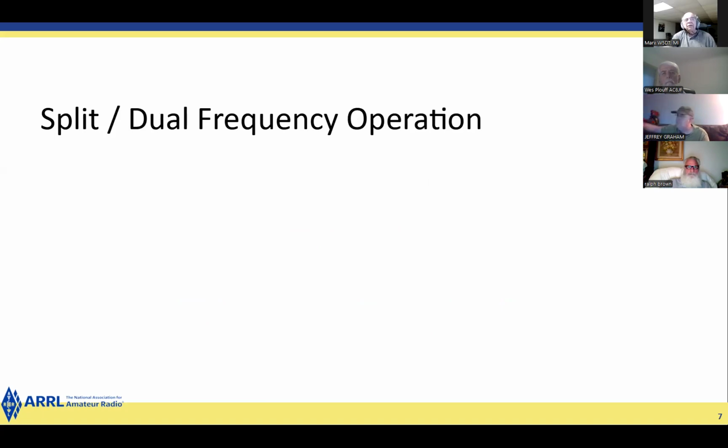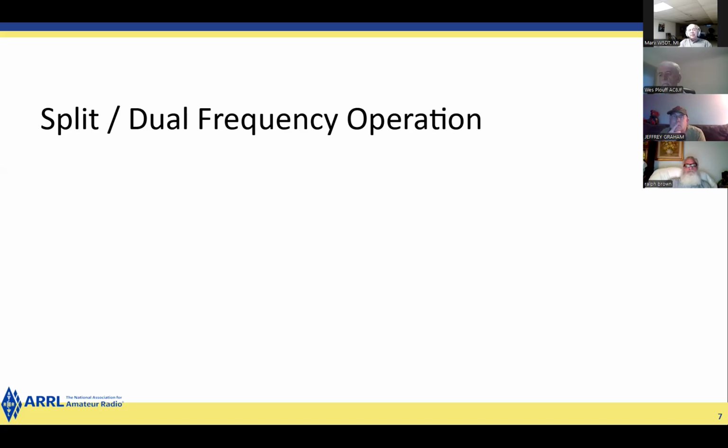Now, hopefully, you'll get a radio that has split capability. Split capability is the ability to listen on one frequency and send on another.